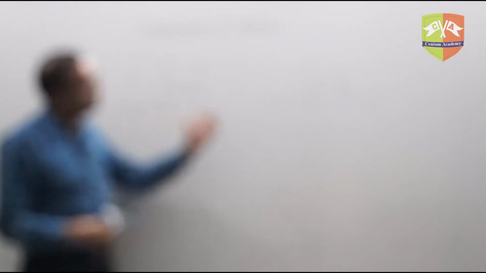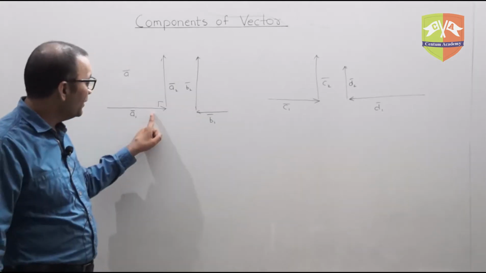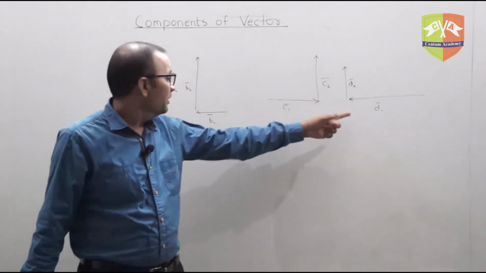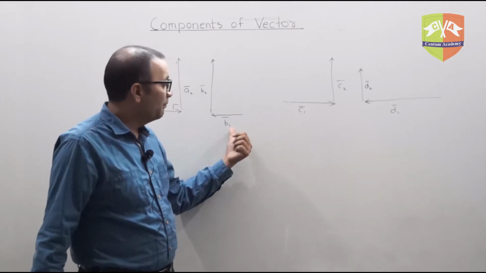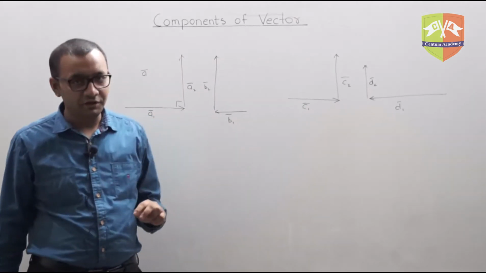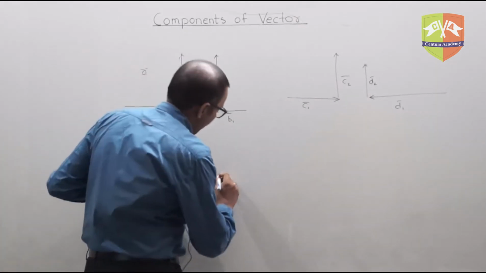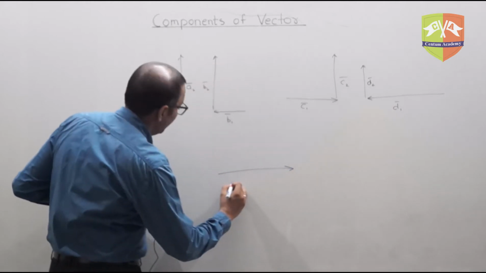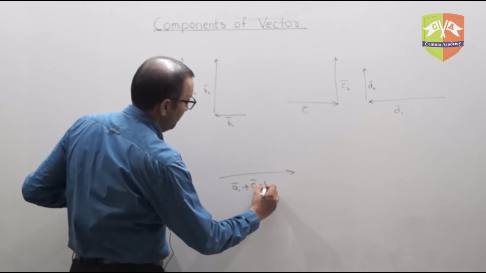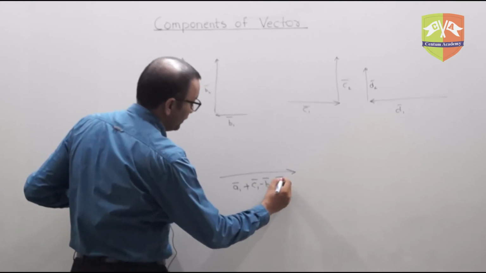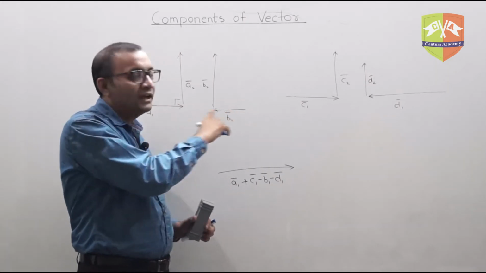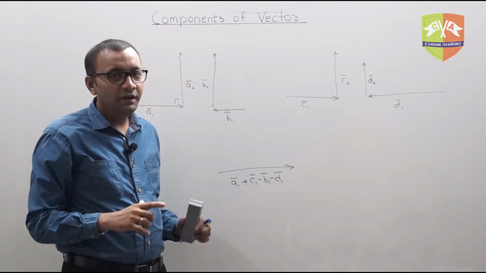Now if you look, I have split 4 vectors into 8 vectors, right? But then adding these vectors is easier now. You can add up all the vectors in the horizontal direction, like A1 plus C1 minus B1 minus D1 is the vector along the x direction, okay? So this vector you will get as A1 plus C1 minus B1 minus D1, and since they are all along one straight line, you can add them like numbers, fine.